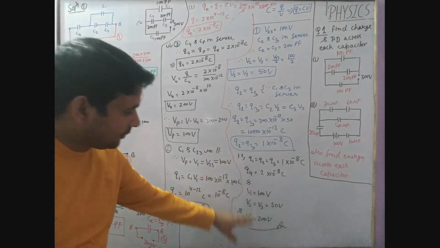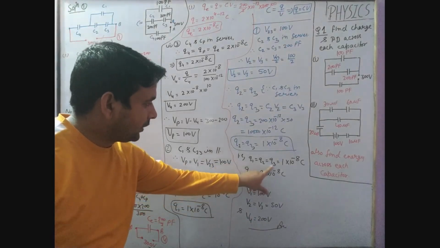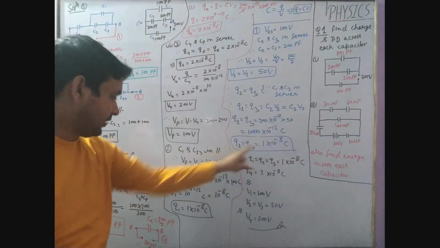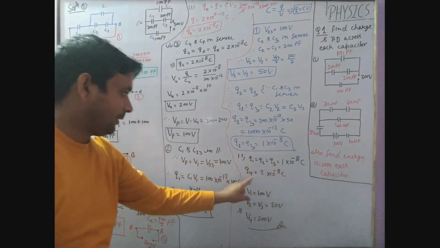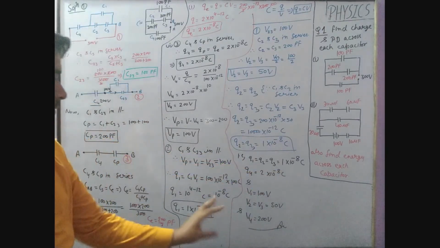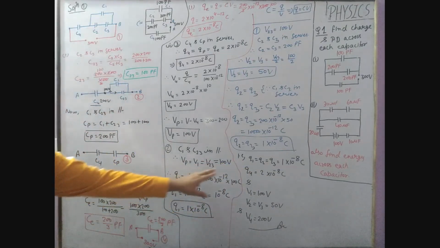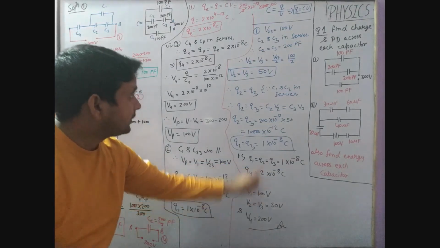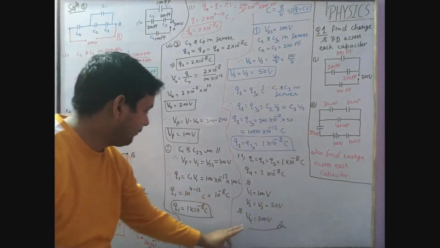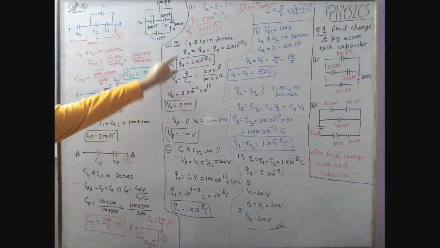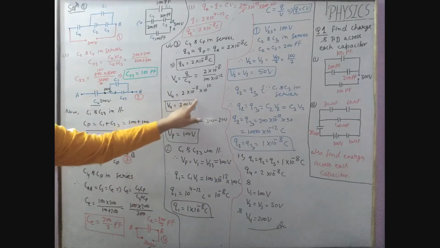Finally, Q1, Q2, Q3 from the situations are the same, and Q4 is 2 into 10 to the power minus 8. Now V1 from here is 100 volt, V2 and V3 from here are 50 volts, and V4 we calculated here is 200 volt.